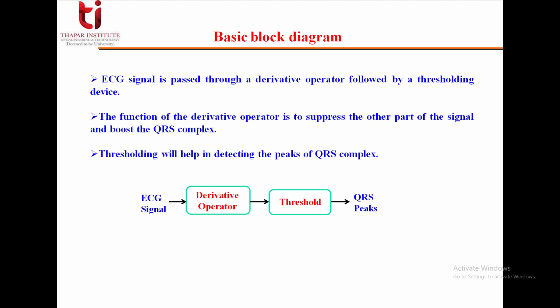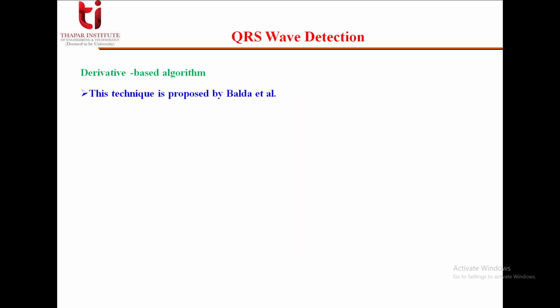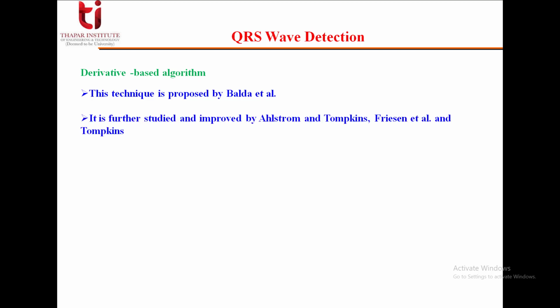Thresholding will help in detecting the peaks of QRS complexes. This technique was proposed by Balda et al., and further studied and improved by Hellstrom and Tompkins, Friesen et al.